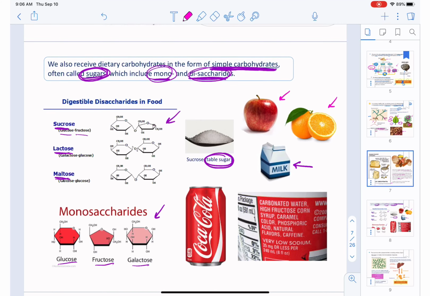And the reason that's the case is because when you're eating this apple, not only are you getting carbohydrates in the form of sugars, but there's also other health benefits to it. There's vitamins, there's minerals, there's fiber in it. And so it's good to obtain your sugars, your mono and your disaccharides, through naturally occurring foods.